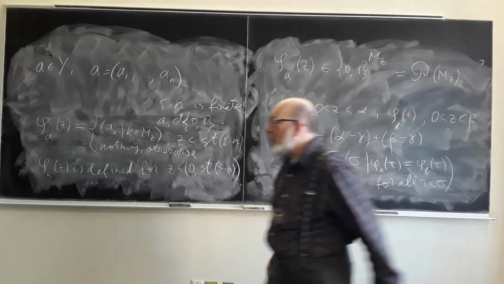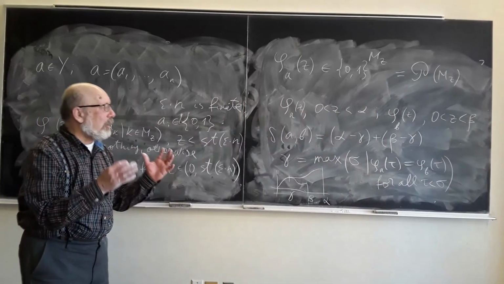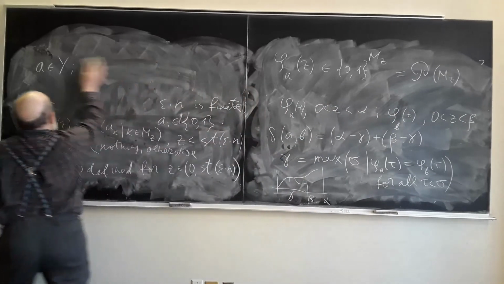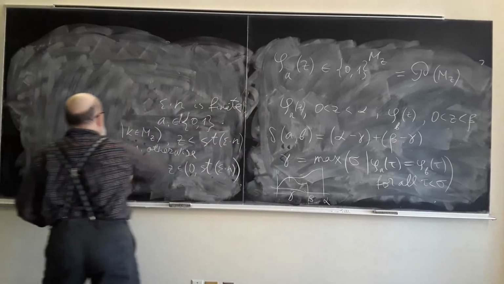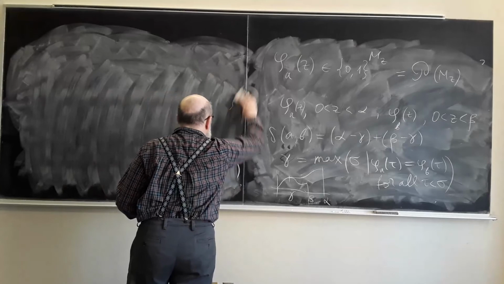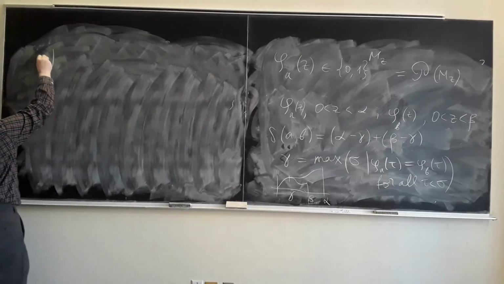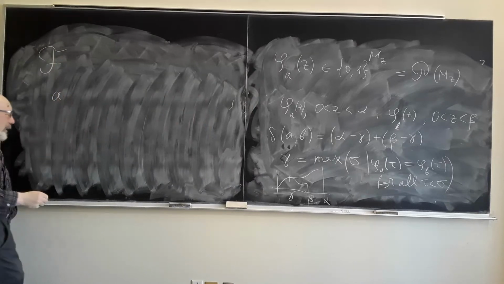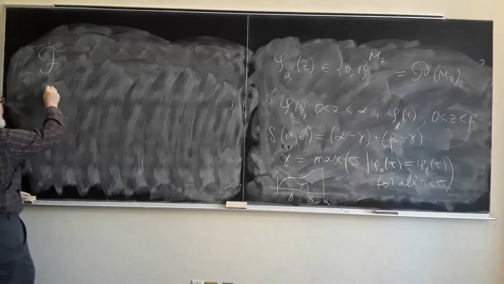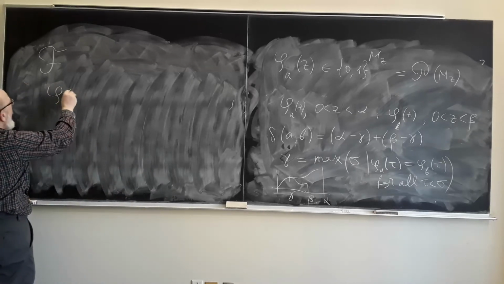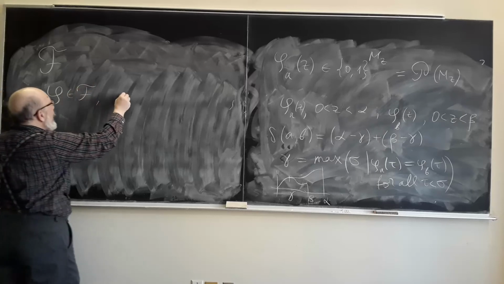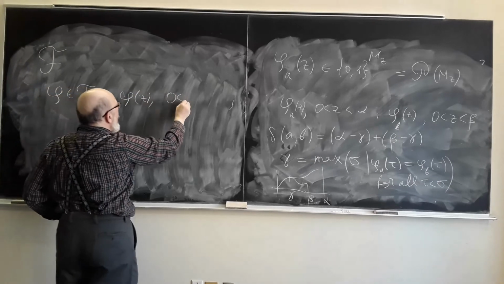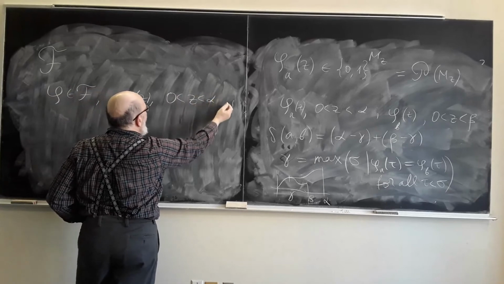Okay. So what we reached after all, we found: let us consider the metric space, let me call that F. So phi in F, phi of z, z between 0 and alpha.